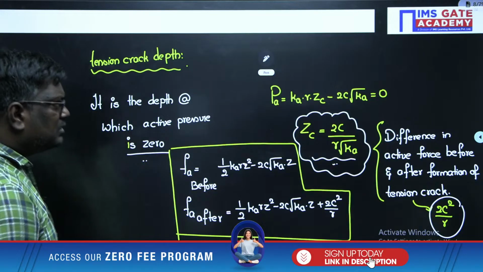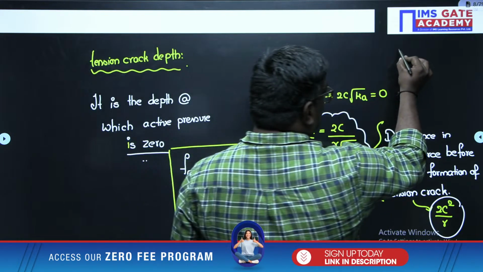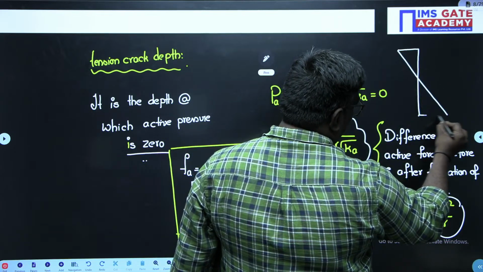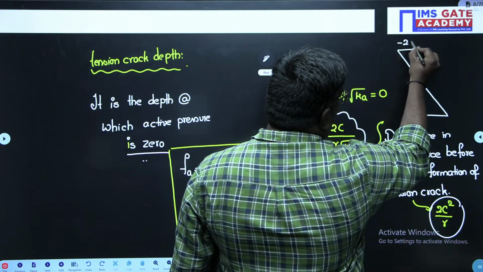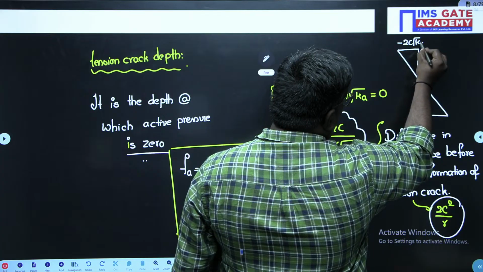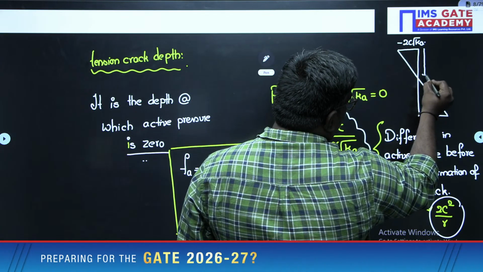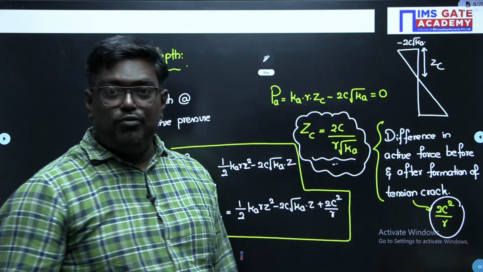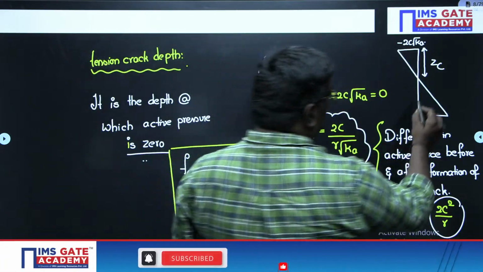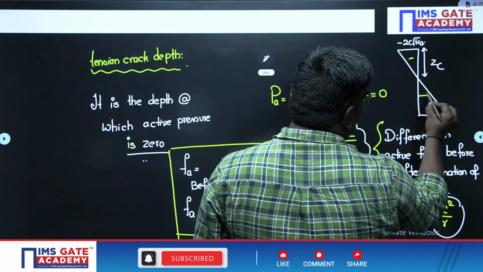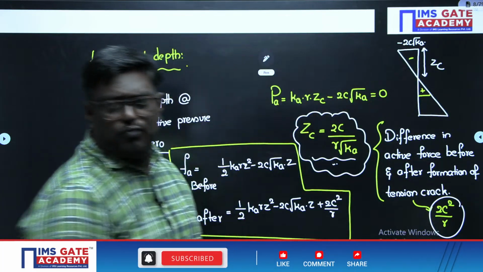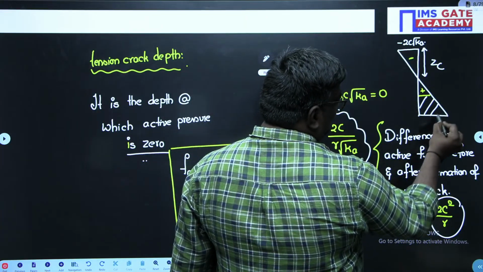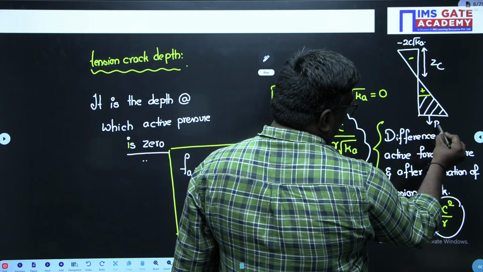Now, my dear students, if you know the diagram also, this is minus 2c root Ka. This is Zc. Sir, before formation, this is negative. If you want to know before formation of tension crack, you have to find out the trapezoidal area, this area. This is before formation.